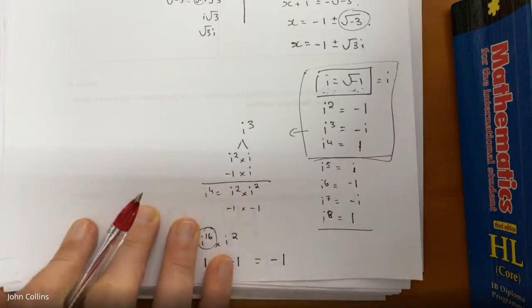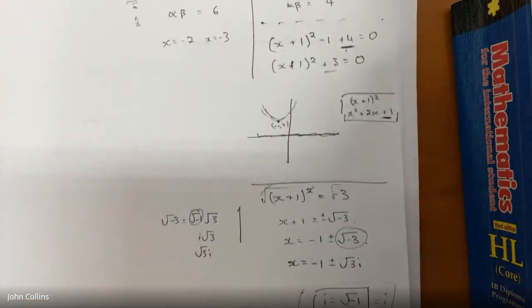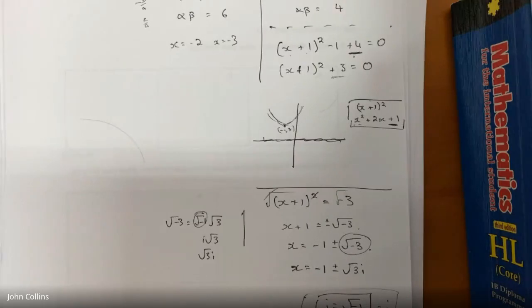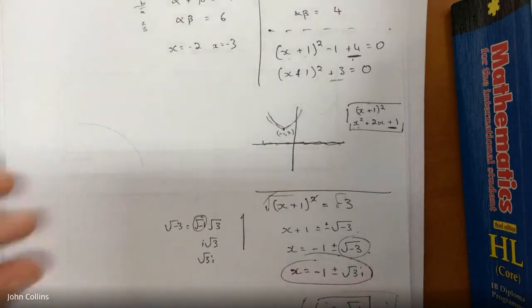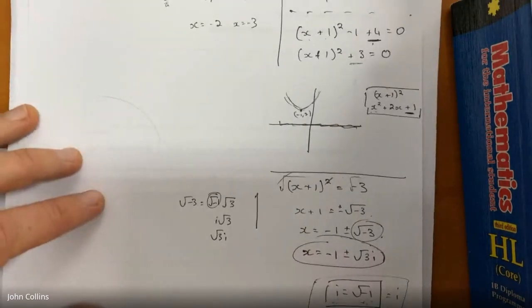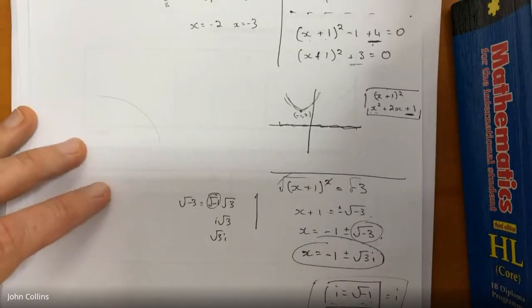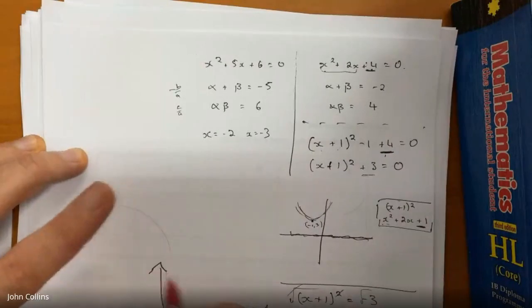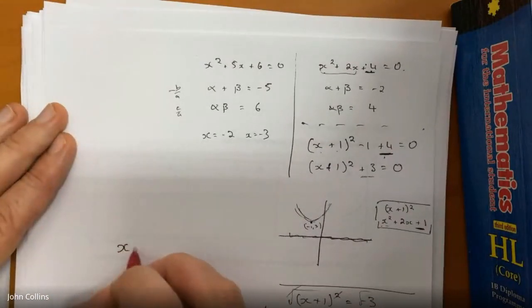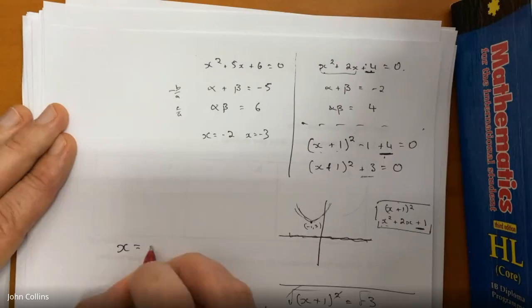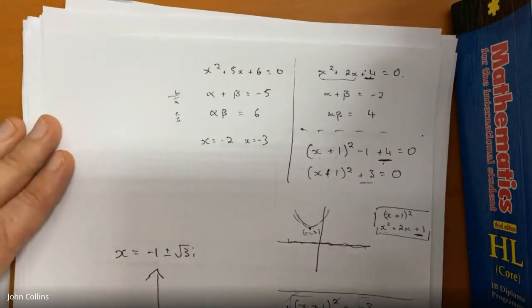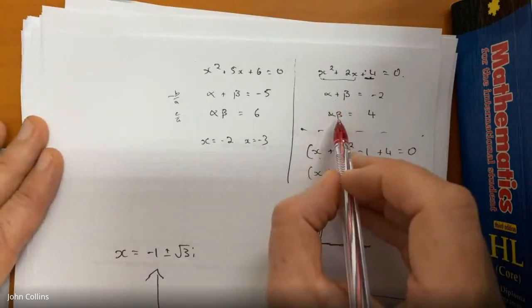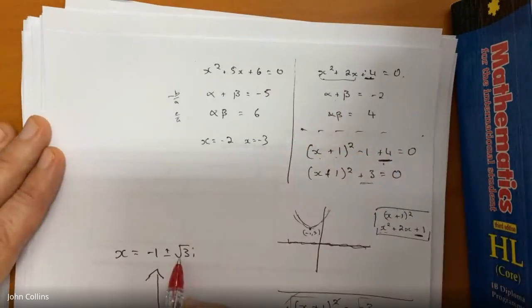Now, let's get back to the problem that was in hand, where we got slightly off track. That's okay. Questions. We have found these two as our roots or zeros of our quadratic, which, if you remember from up here, were minus 1 plus or minus the square root of 3i. Now, we had a sum and product of roots, but our roots are complex.